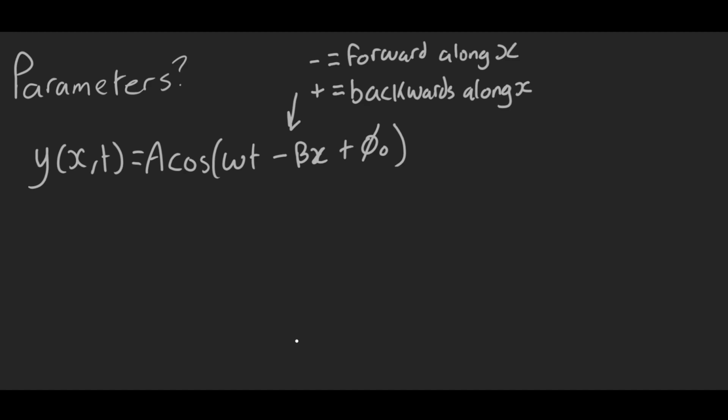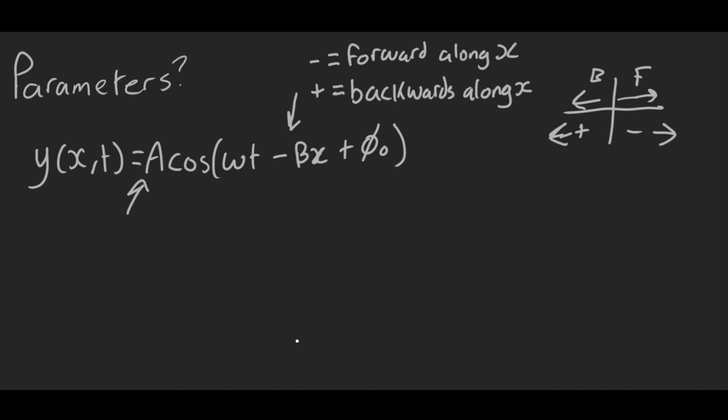That's the kind of convention here. If I draw this, plus goes this way, minus goes this way. You can kind of see it here, because this way is forwards, this way is backwards. F there for forwards, B there for backwards. This should hopefully click. So let's move on.